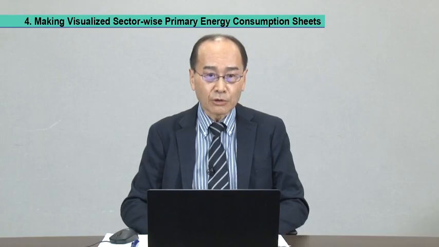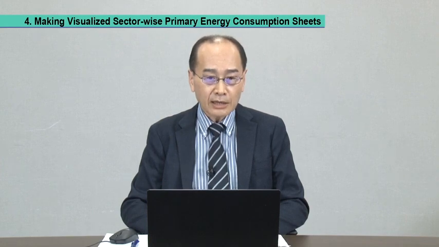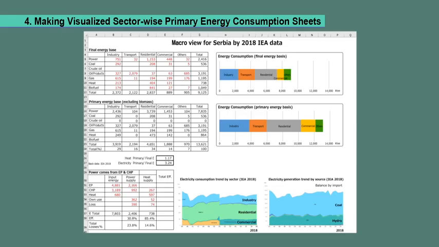Now, I'll demonstrate visualizing sector-wise primary energy consumption. We will use Serbia as the example. This is the completed 2018 version of the visualized sector-wise primary energy consumption sheet for Serbia.